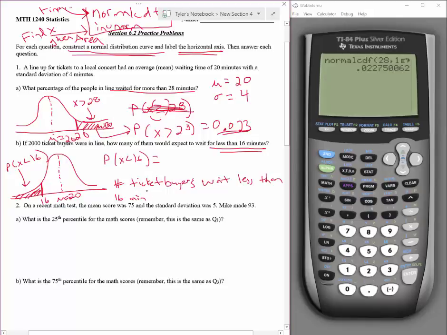So the number of ticket buyers that we expect to wait less than 16 minutes would be equal to the probability of x less than 16 times 2,000, is what I was saying.